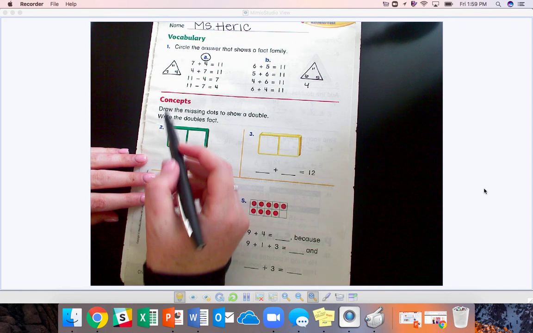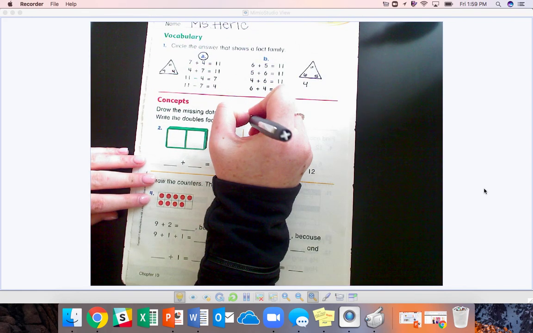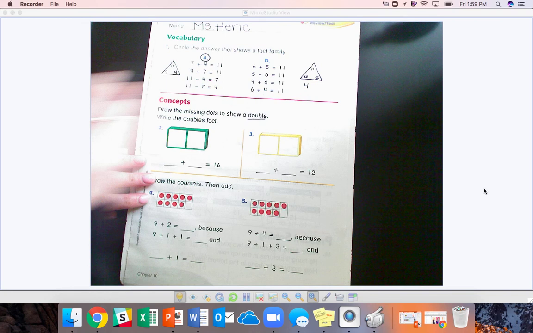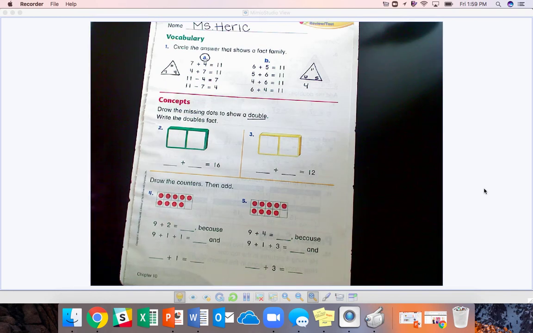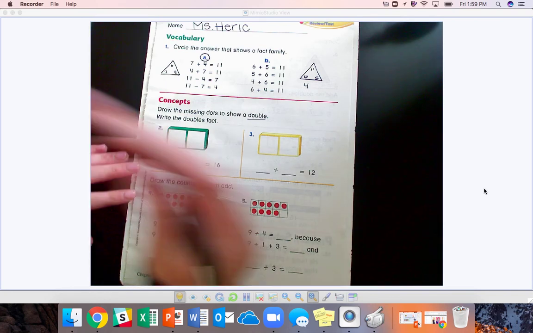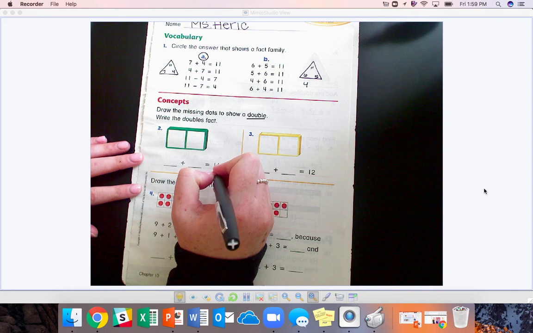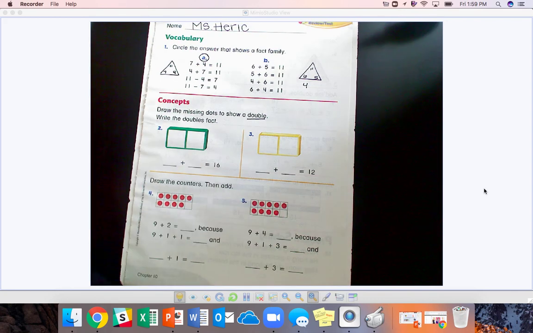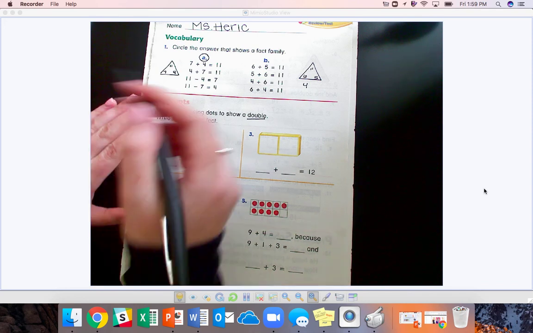Number 2. Draw the missing dots to show a double. Remember, a double is when the addends are the same. Write the doubles fact. We know that the answer is going to be 16, so we have to think of what doubles fact adds to 16. Great. 8 plus 8 equals 16.